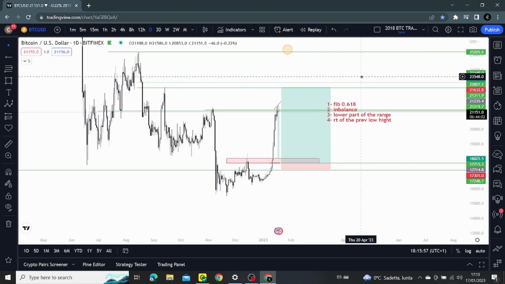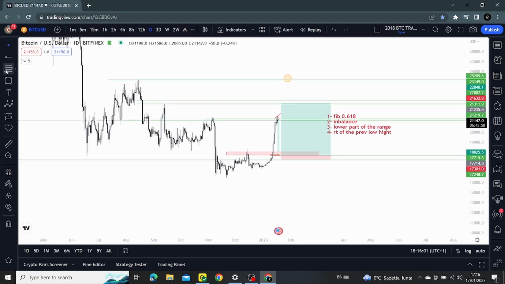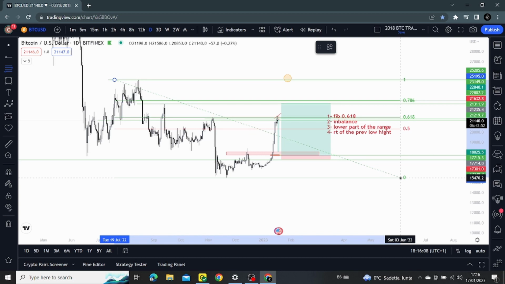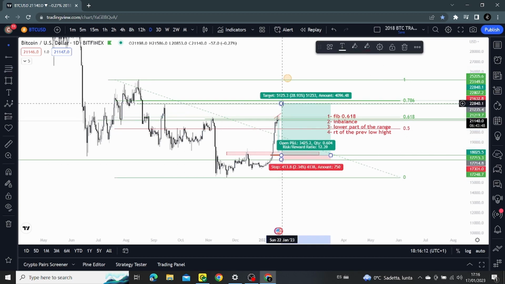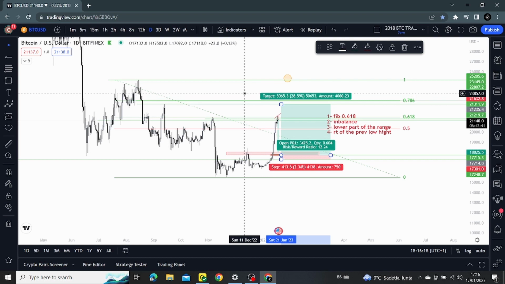We're gonna drop some pips and we're gonna see what is the next point of interest to see where we can put our take profits, okay. We have here a good confluence. See here the 0.786, okay. I will attack this point over here.